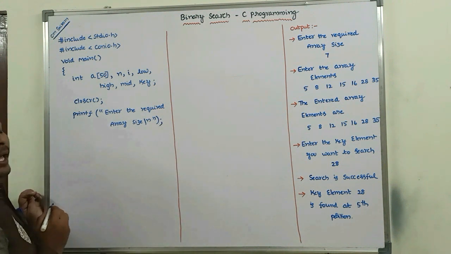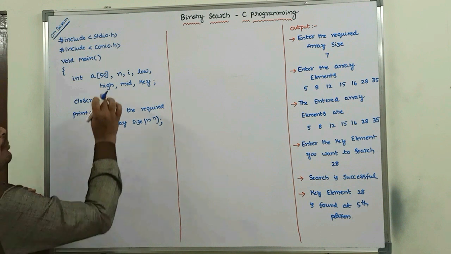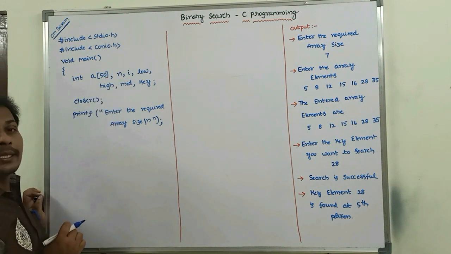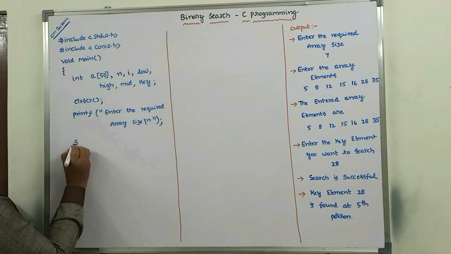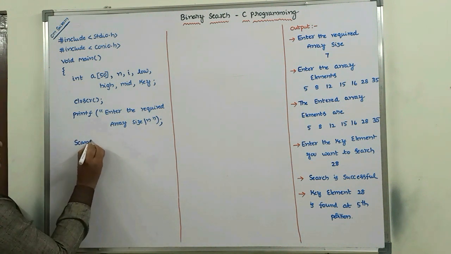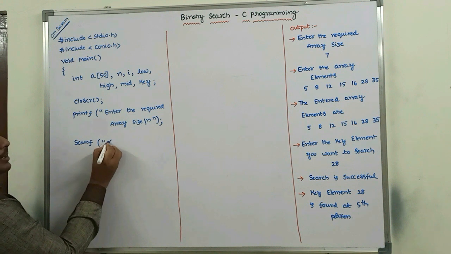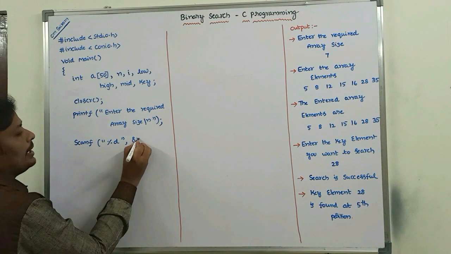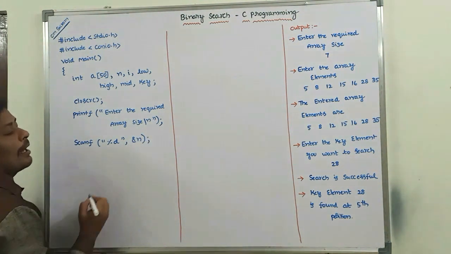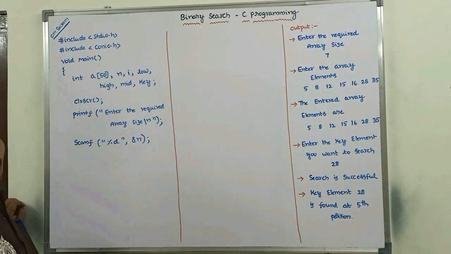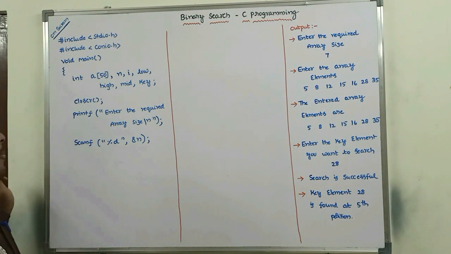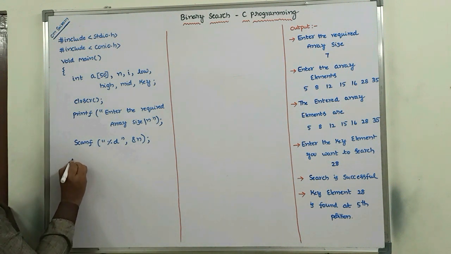The required array size variable n is read from the keyboard by using the scanf function. So scanf, %d, double quotes and comma, ampersand n. Here n is the required array size variable, and that variable's value is read from the keyboard by using the scanf function.